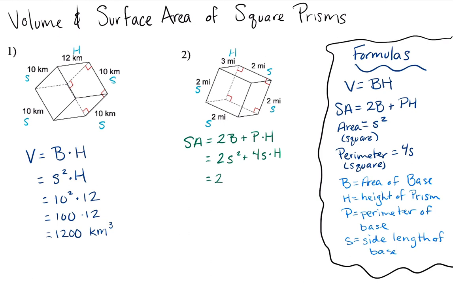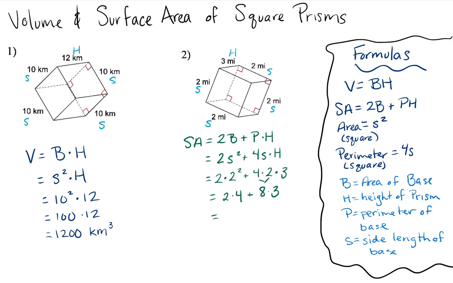So we get 2 times 2 squared plus 4 times 2 times 3. And then we can simplify and figure out what our surface area is. So we've got 2 times 4 plus 8 times 3, so we're simplifying here.